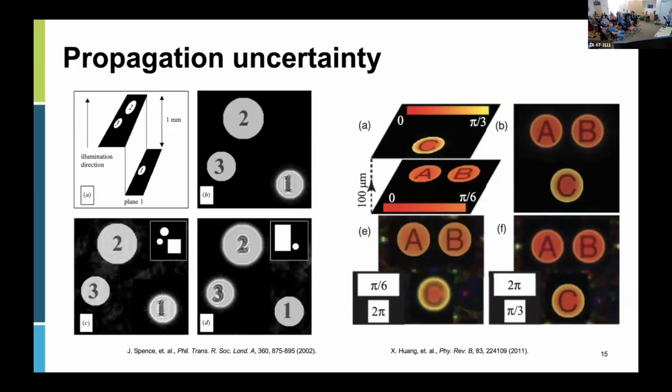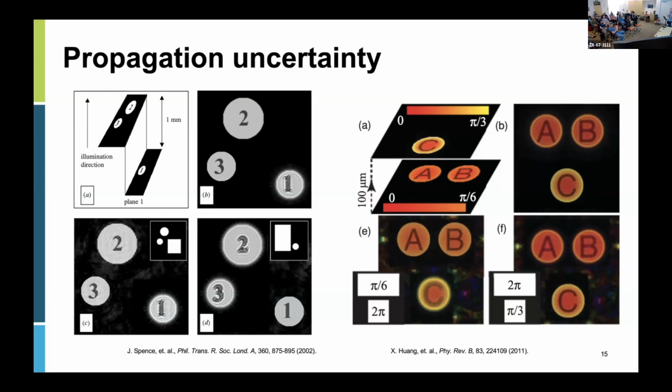Actually, this effect is known as the propagation uncertainty in coherent diffraction imaging techniques. This is because when the X-ray wave propagates from the sample to the detector, all the wavefronts at all the propagation planes give the same diffraction pattern. Those wavefronts are all allowable for this phase retrieval problem.